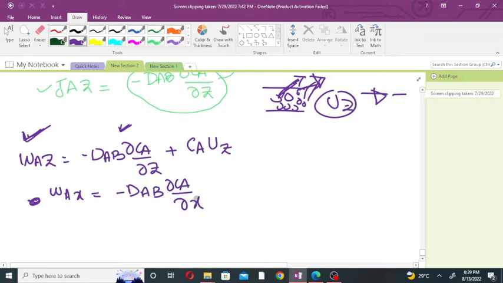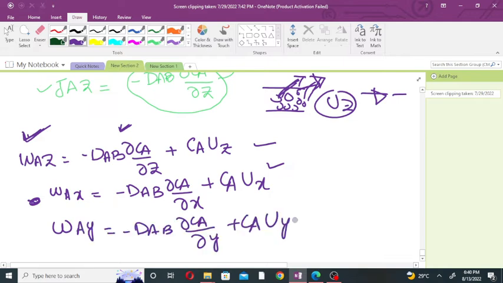So here z, but here it is x, and this is the concentration of component A in the x direction. Similarly, the molar flux of component A in the y direction will be minus DAB dCA in the y direction plus concentration of component A and the velocity uy. So these are the fluxes in the z, x and y directions.